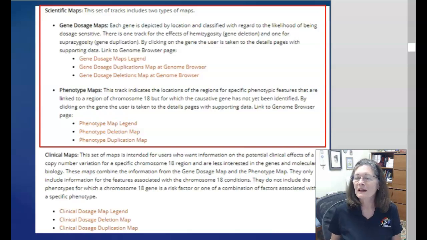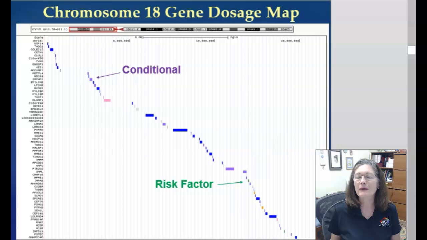So we're interested in the scientific maps, and these maps include information on every single gene and organized by the gene as opposed to by the condition. So here, I'll show you that. Here again are our data shown on the University of California Santa Cruz Genome Browser.